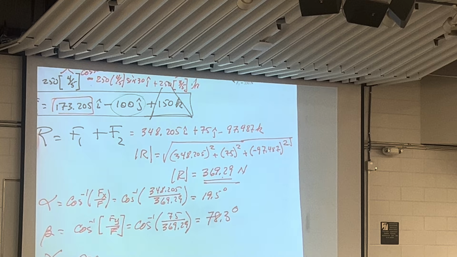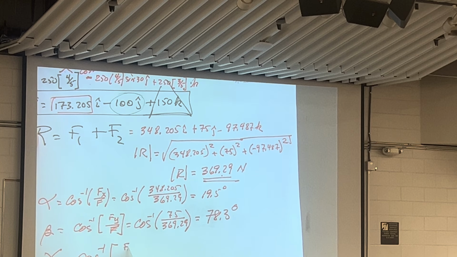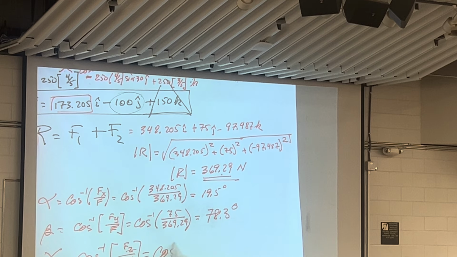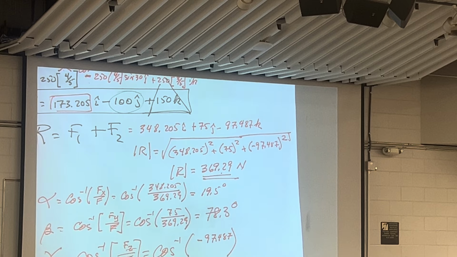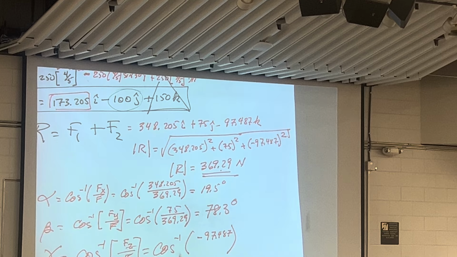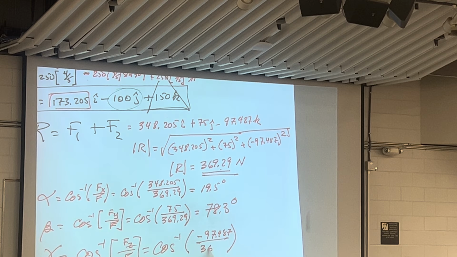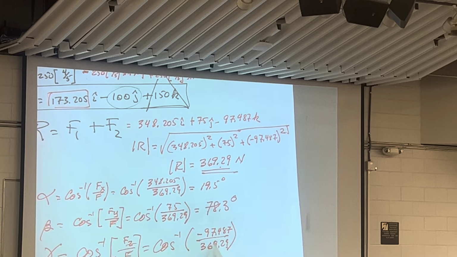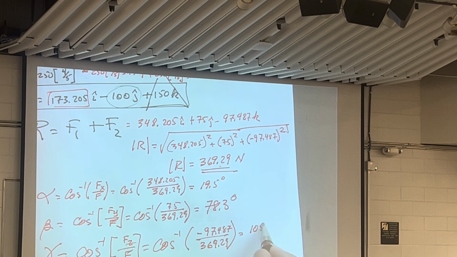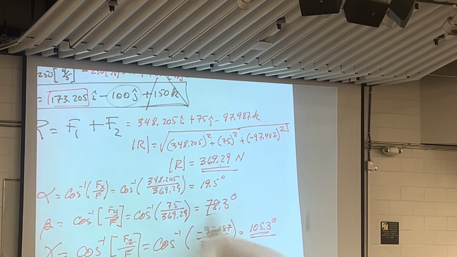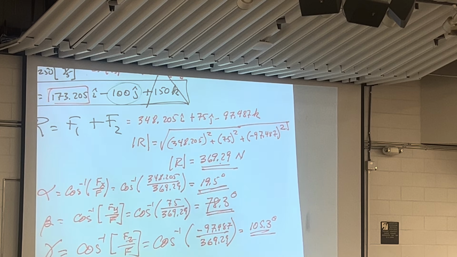Gamma, cosine inverse of Fz over F, giving me cosine inverse of negative 97.487 divided by 369.29, which gives me 105.3 degrees. Those are all my angles, alpha, beta, gamma, for the resultant.